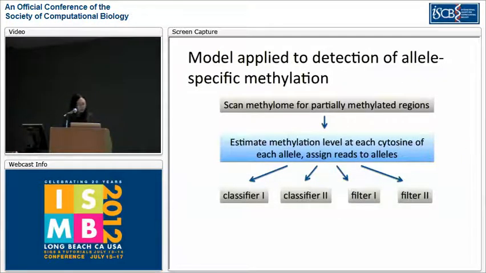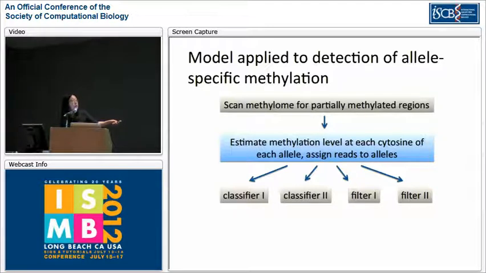And then we apply this model to the detection of allele-specific methylation, primarily because at the time that's what we had data for, the availability of data and possibility of validation.